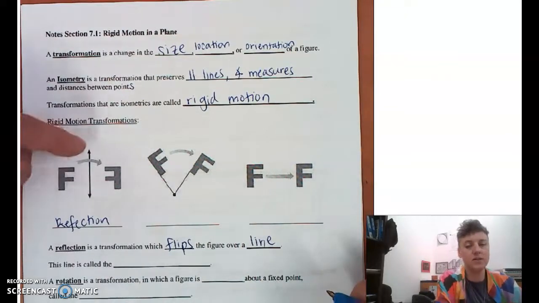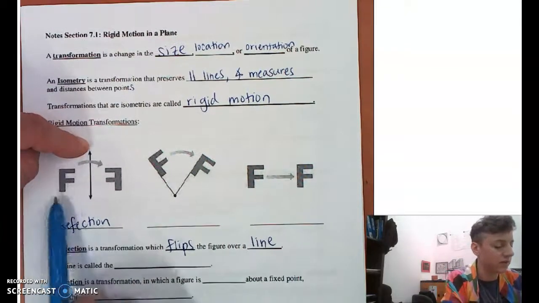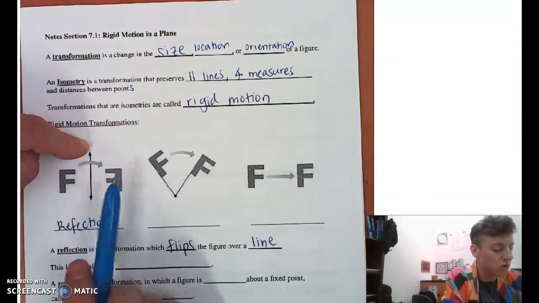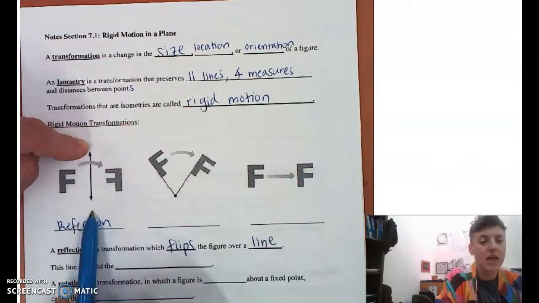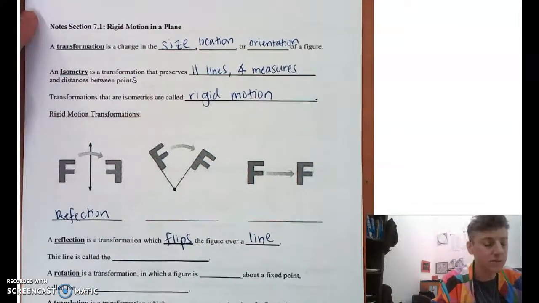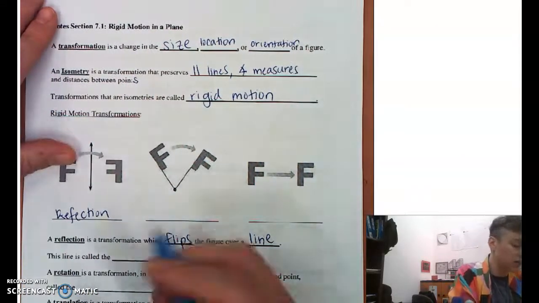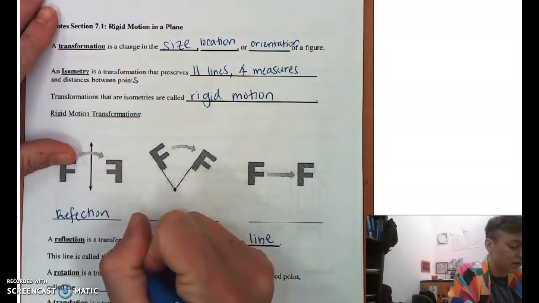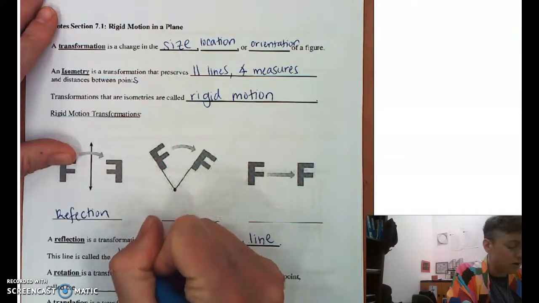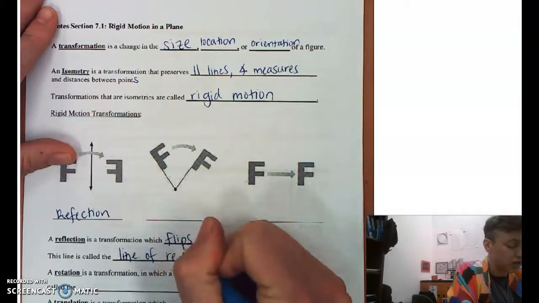Kind of like this dude. We took an F and we flipped it across this line. That line, of course, has a special name. It's called the line of reflection.